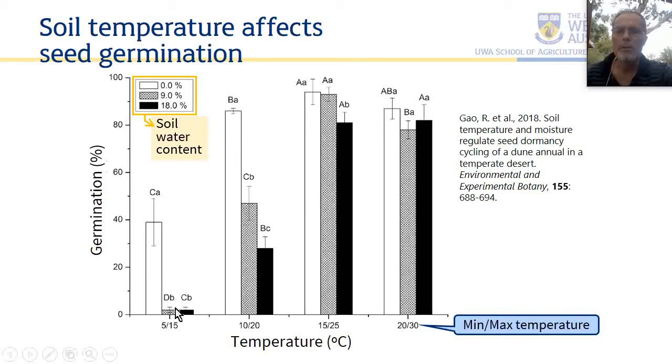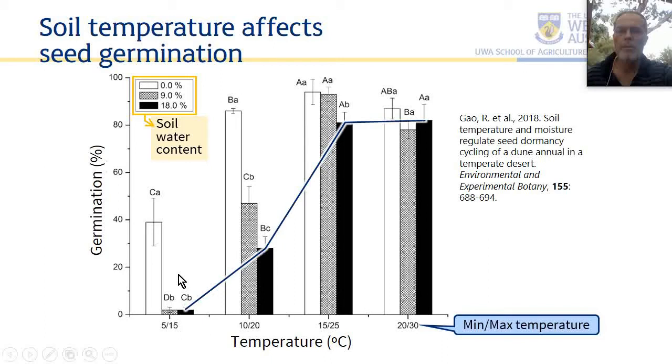We've got 3 bars at each temperature, basically. One for a dry soil, one for 9% water, one for 18% water. You'd have to look at the original article to know whether that represents anywhere near field capacity or saturation, or what it represents. But nevertheless, we see an effect.